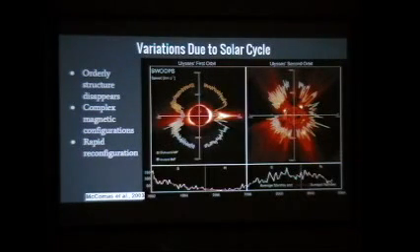You can see that there's fast wind and slow wind at all latitudes, all over the place. There is no rhyme or reason to the magnetic field structure. The magnetic field's pointing inwards and outwards. The corona and the streamers are all over the place. And so during solar maximum, the corona is reconfiguring itself rapidly.